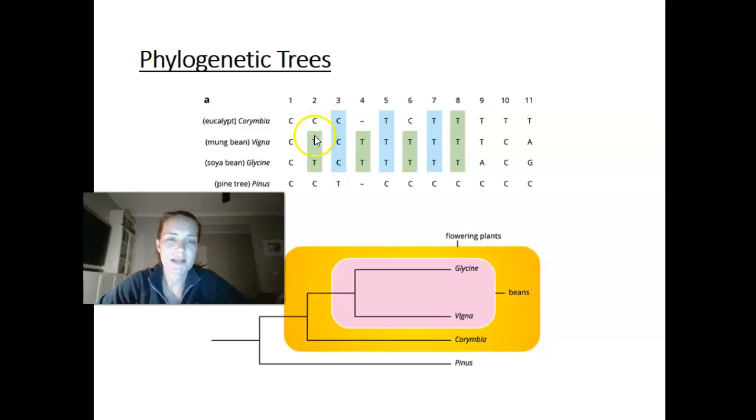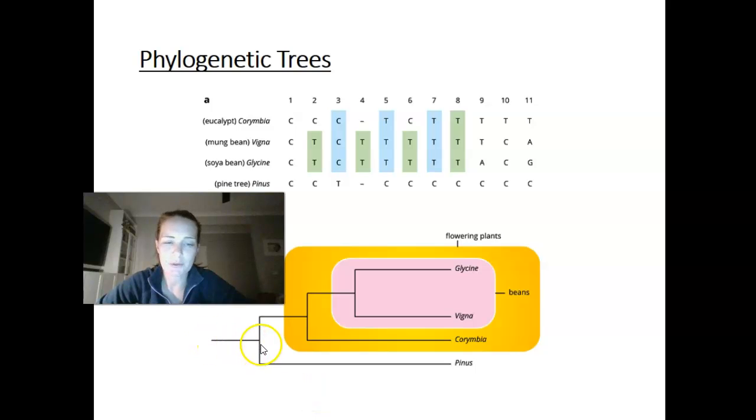The thing that will stand out most quickly when you are looking at, in this case, a DNA comparison, and I know it's a DNA comparison because I'm only looking at 4 letters, C, T, A, and G, is the outgroup. An outgroup of a phylogenetic tree is the one that is the least similar. So when you can identify which one has the least in common with the other species, that is placed on the phylogenetic tree as an outgroup.